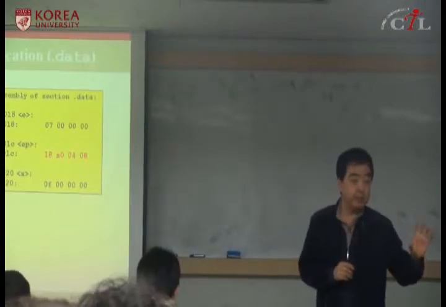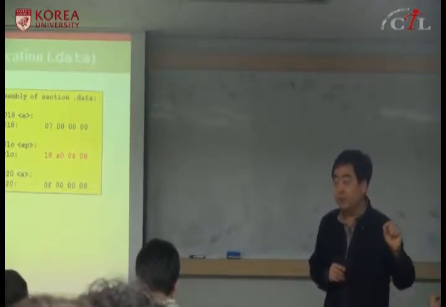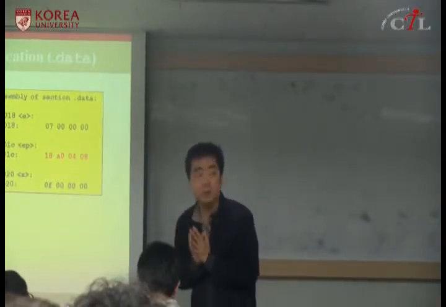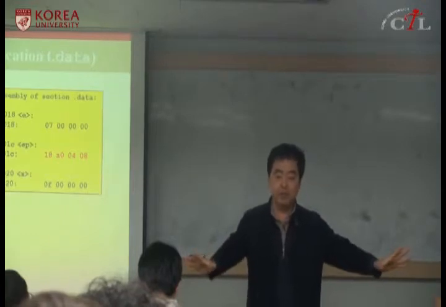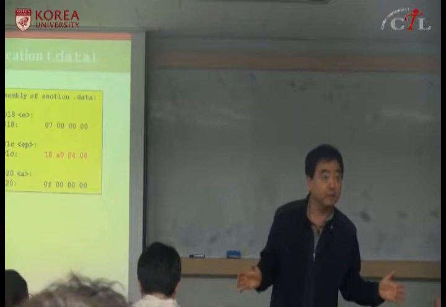The symbol can be a function address or a variable address. But sometimes the absolute address is unknown because you don't know how these relocatable object files are linked together by the linker.